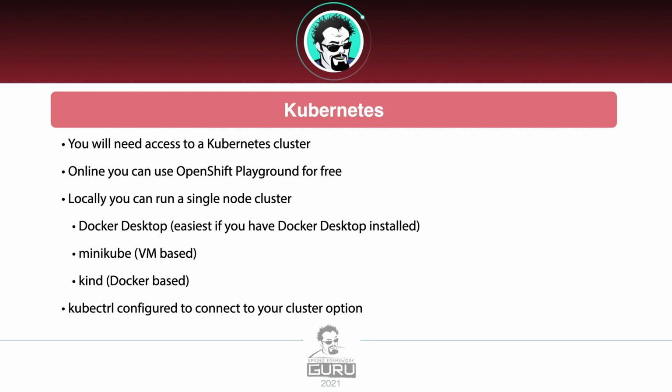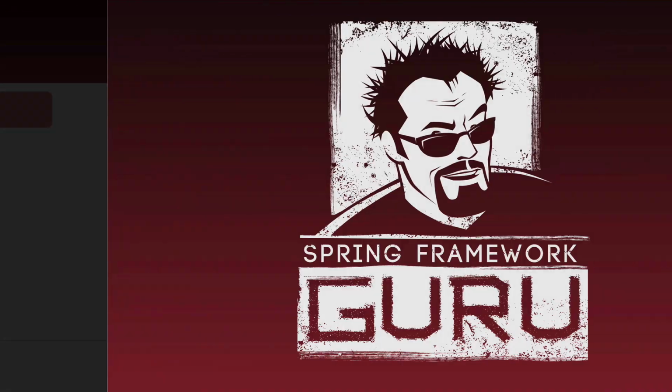So via Docker Desktop, this is probably going to be the easiest option if you have Docker Desktop installed. And then Minikube is VM based and is available for most major operating systems. Or Kind, this is another project that is Docker based. And depending on how you set things up, you do want to have kubectl configured to connect to your cluster. So depending on how you've decided to run your cluster, that is going to be one option that you can utilize.